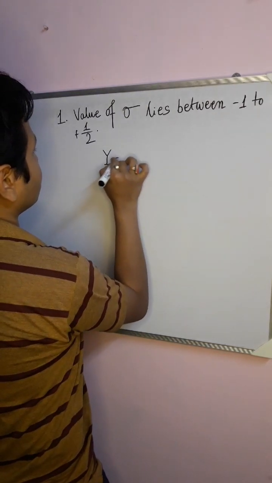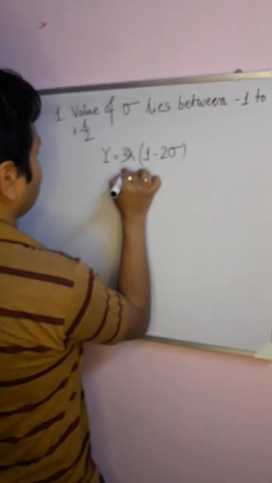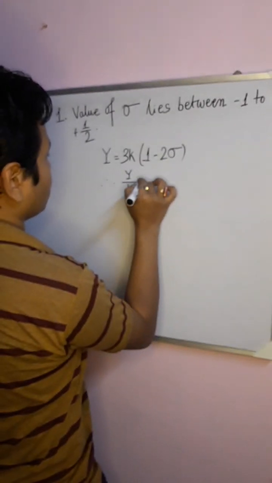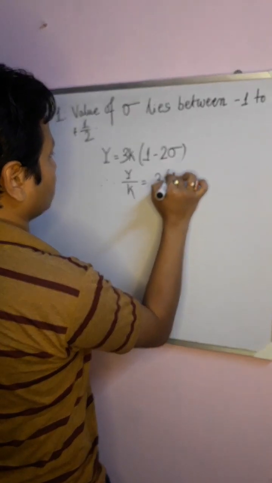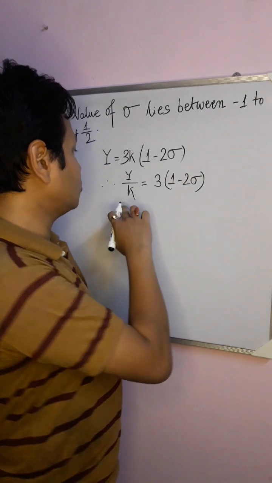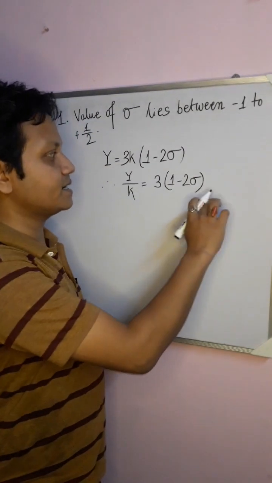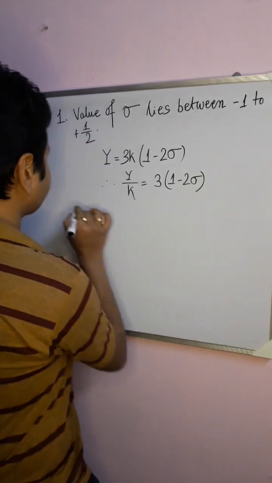We know the relation Y equals 3K into 1 minus 2 sigma, from which we can write Y by K is equal to 3 into 1 minus 2 sigma. Now you all know that Young modulus and bulk modulus both are positive quantities. That means the right hand side is also positive.